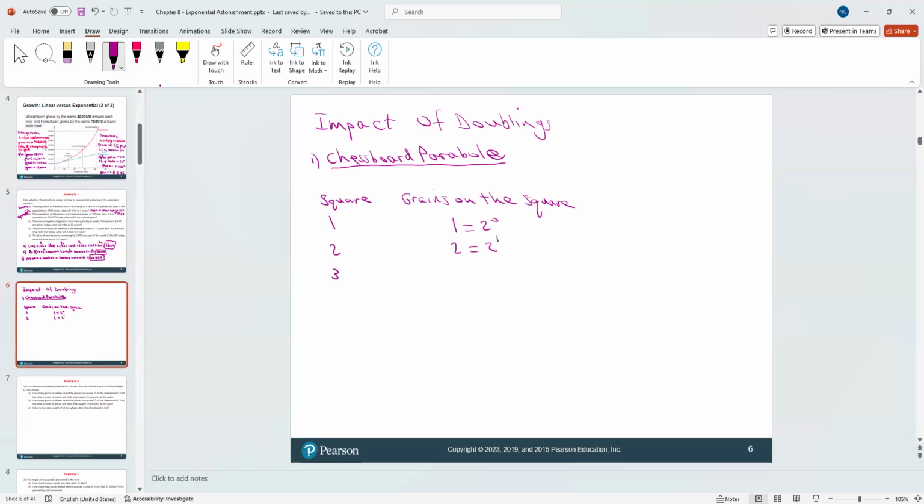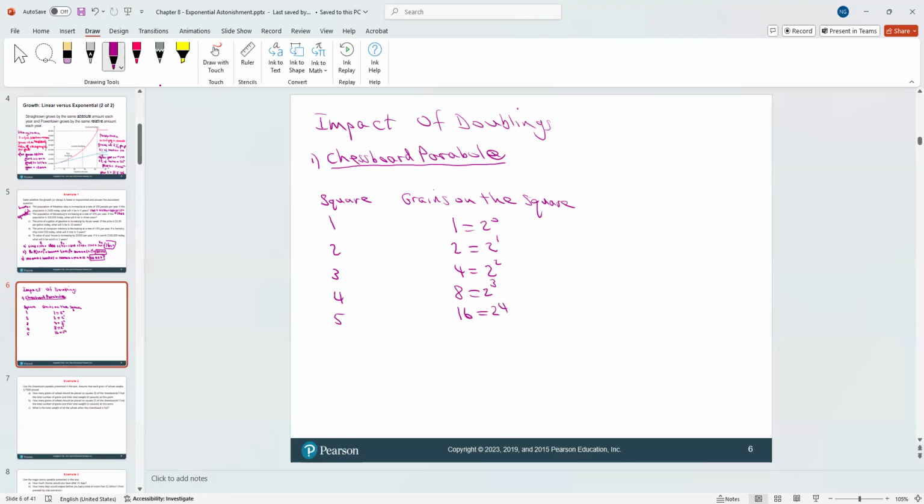On the third square, 4 grains, and 4 equals 2 power 2. On the fourth square, that would be 8, equal to 2 power 3. The fifth would be 16, which is 2 power 4.